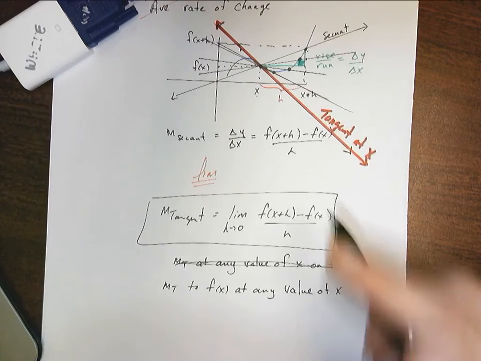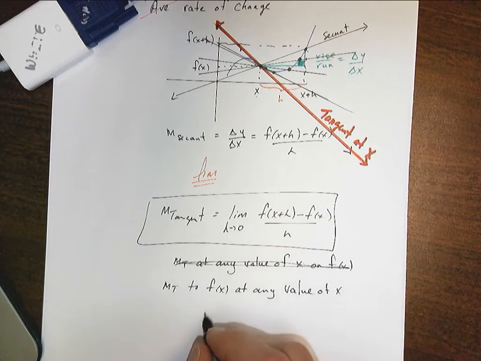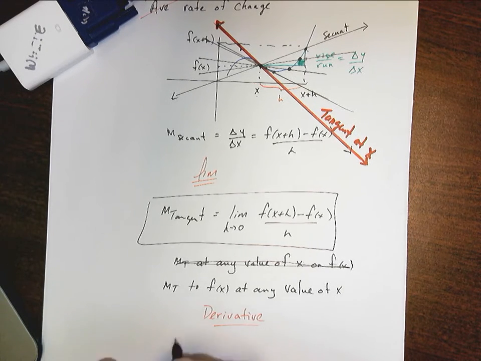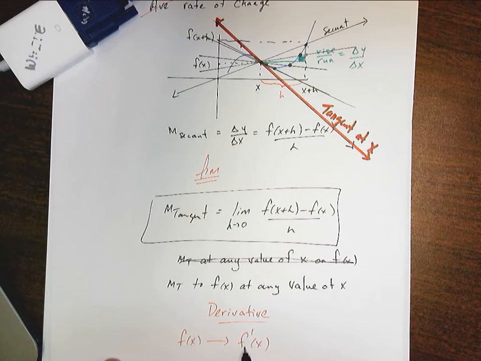And that is the concept of the derivative. So you've got a new name here. It's called the derivative. What is the derivative? The derivative is an operation. You take the derivative of another function. So you start with f of x and you take its derivative. What does the derivative function give you?